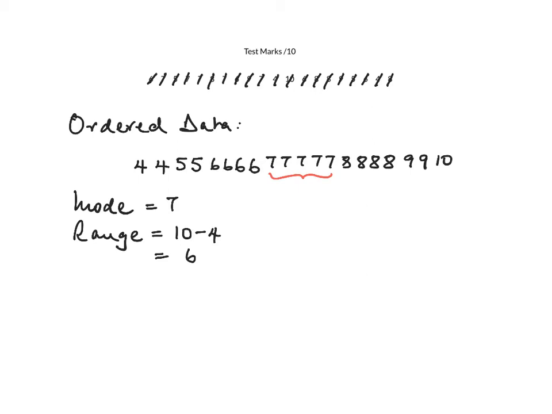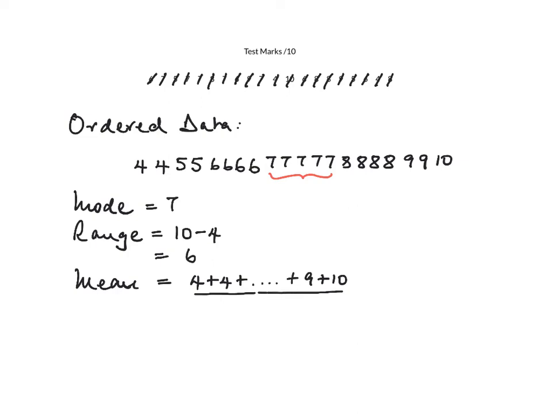Next thing to do is to calculate the mean. So we have to add up all the values, so 4 plus 4 plus 5 plus 9 plus 10, and we're going to divide by the total number of data.